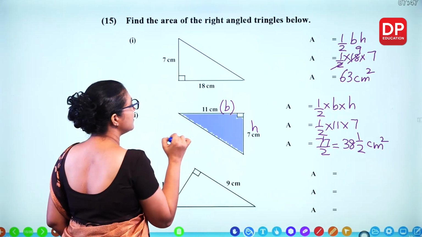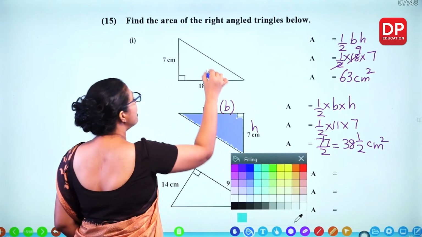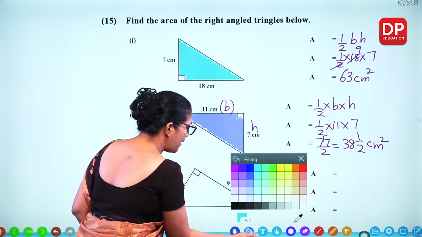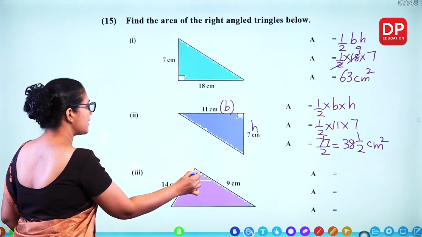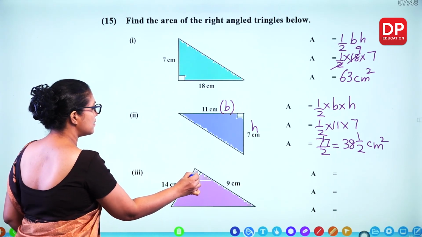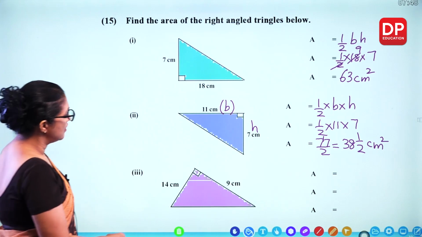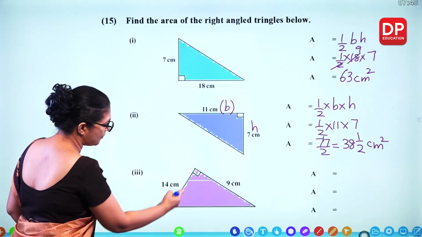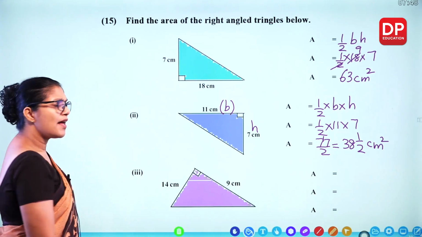So I can color this one like this. And now this one. What's the area of this triangle? What's the base? You can take the base as this one, and the perpendicular height is this one. Or the other way around.